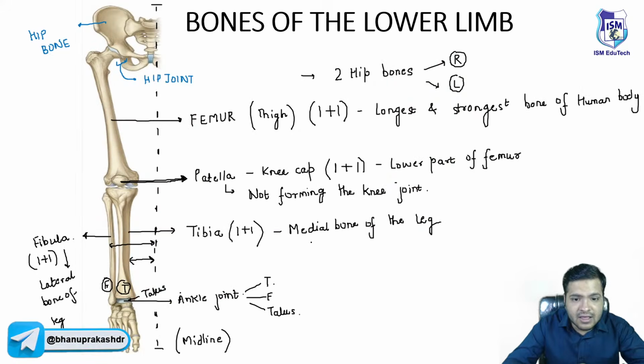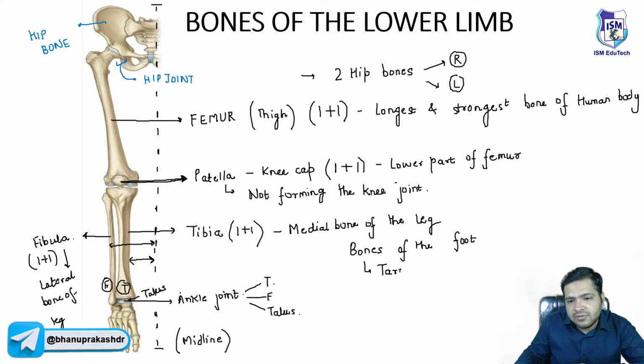Yes, everyone is right. So remember beta, if we talk about the bones of the foot, you have to write it also, bones of the foot. We have the tarsal bones, and they are 7 plus 7: 7 in the right leg and 7 in the left leg.